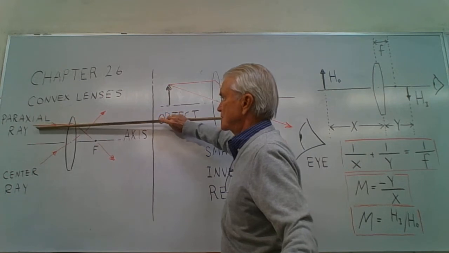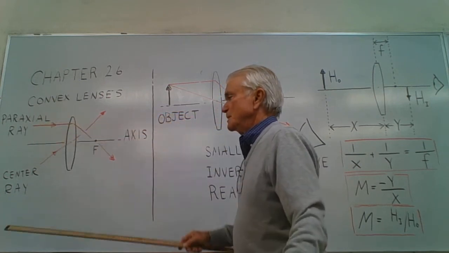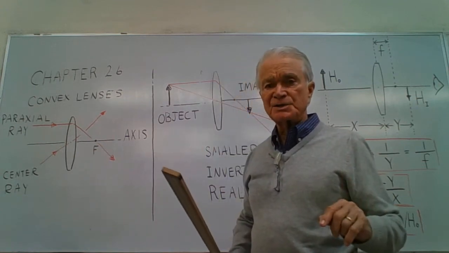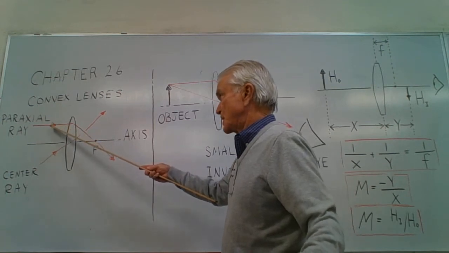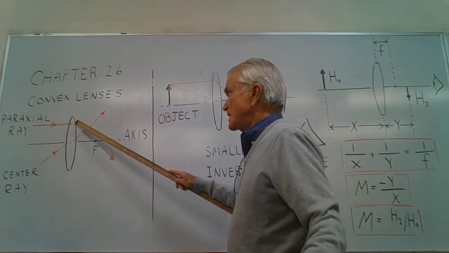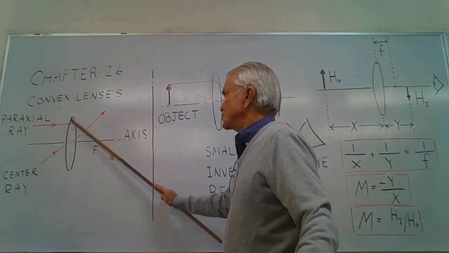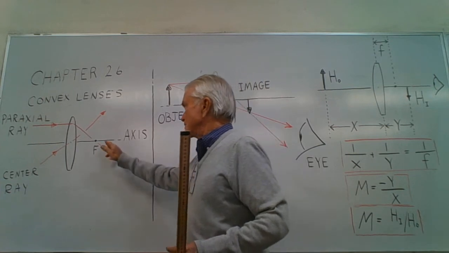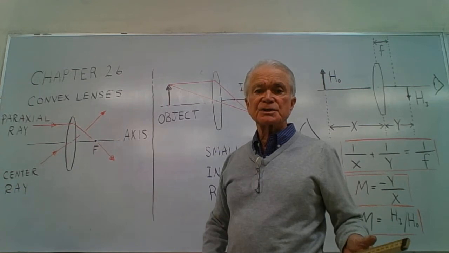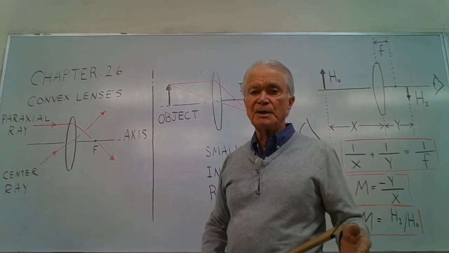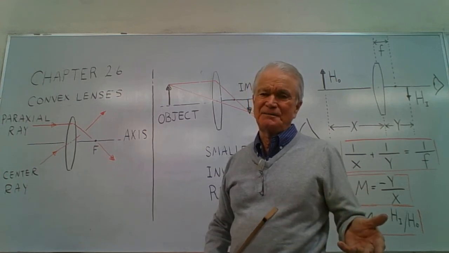That's shown here, that ray parallel to the axis. What happens to all paraxial rays is what's happening now to this one paraxial ray. It is bent after it passes through the lens and travels through a point on the axis labeled F, which stands for focus or the focal point. Focal point, focus, same meaning.